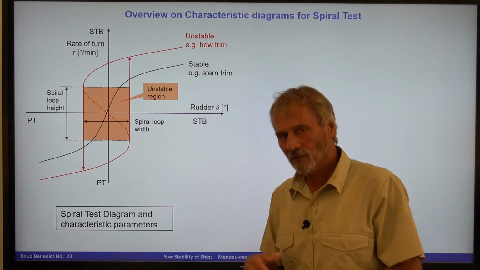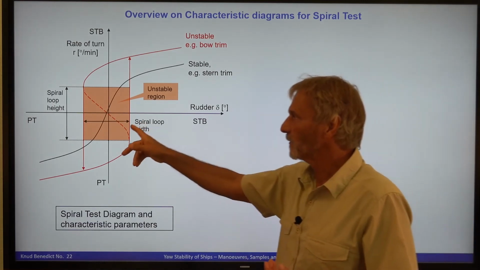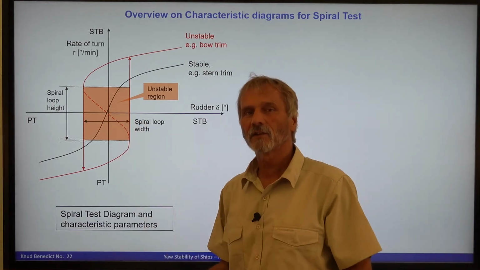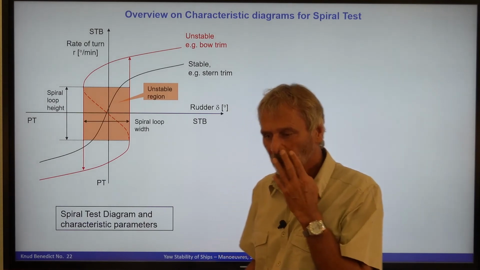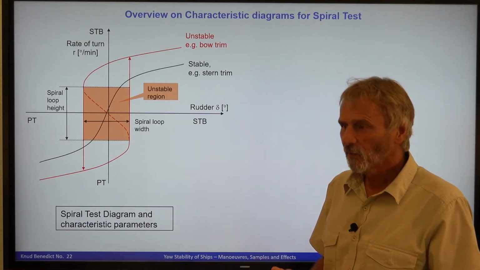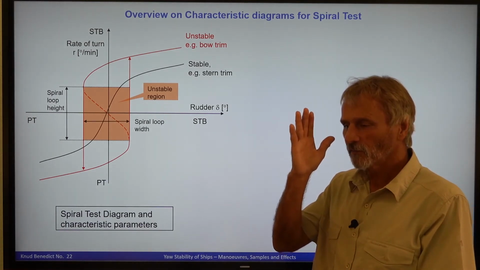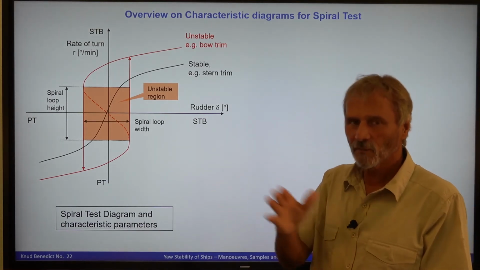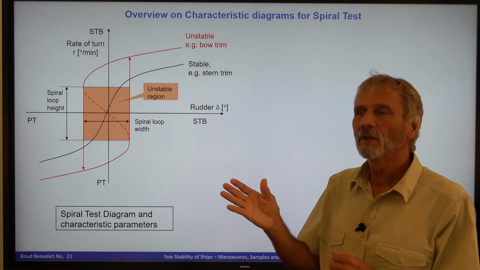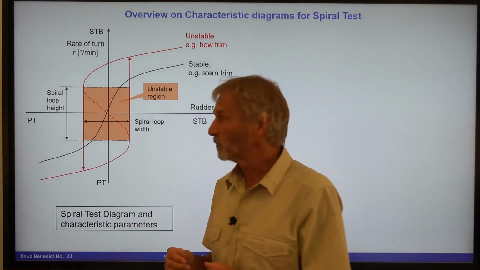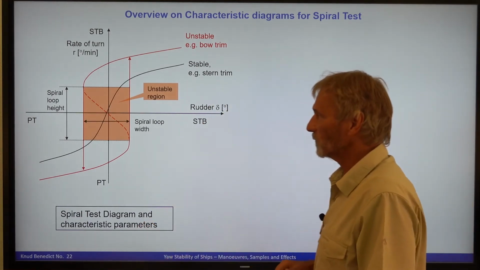So it's not possible to get this broken line by a regular spiral test. It should be a reversed spiral test, where you say, I want to get a rate of turn of 0, and then you have to steer the ship with the rudder, and then the average rudder angle would be taken. But this goes too far.